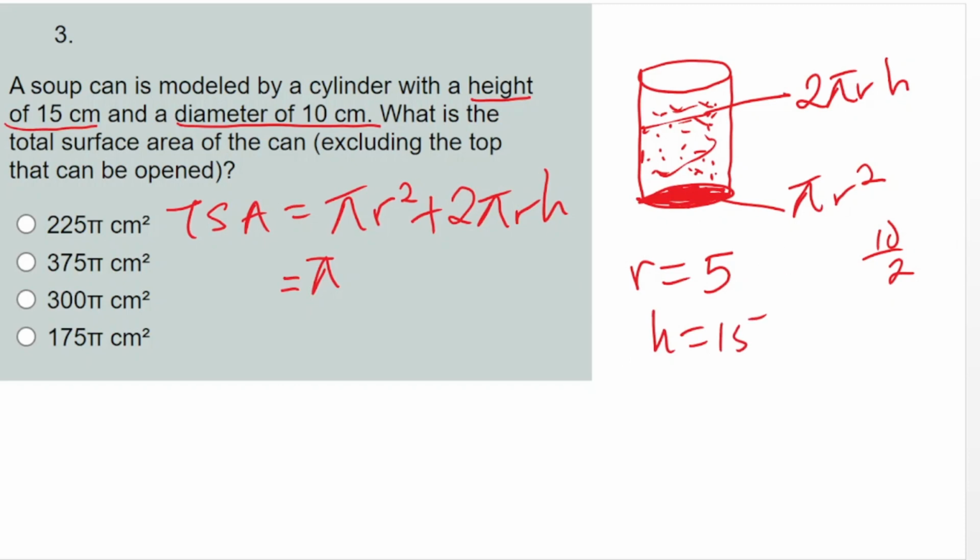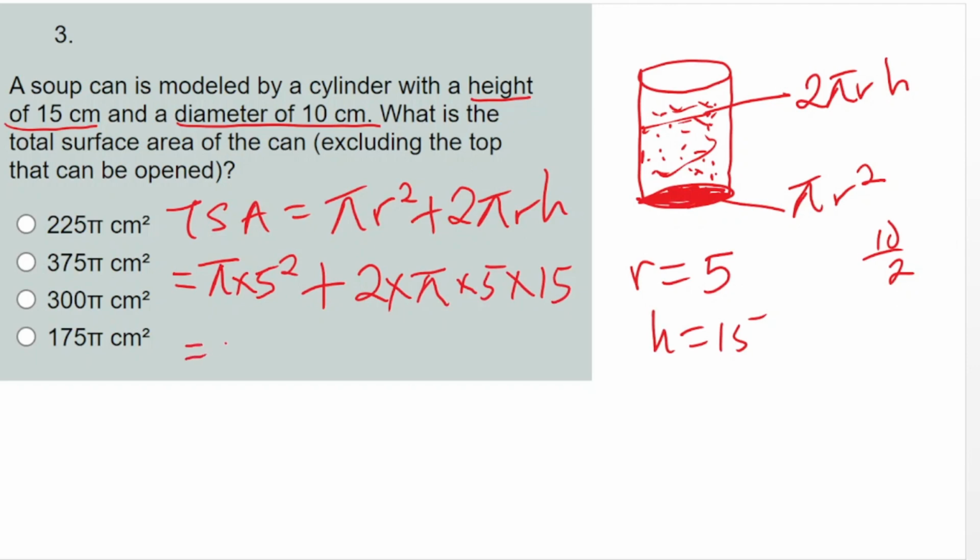So now put the values here. Is this clear? So let's move there. Then we'll have pi times the radius, which is 5, squared, plus 2 times pi, the radius 5, times h, 15.